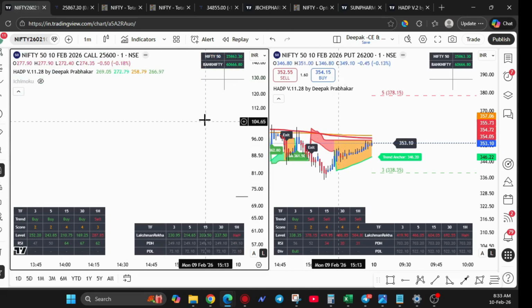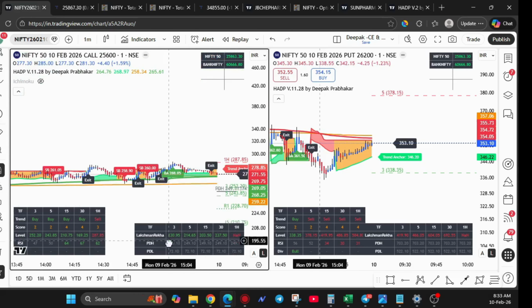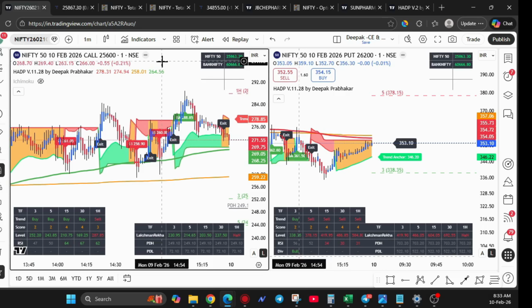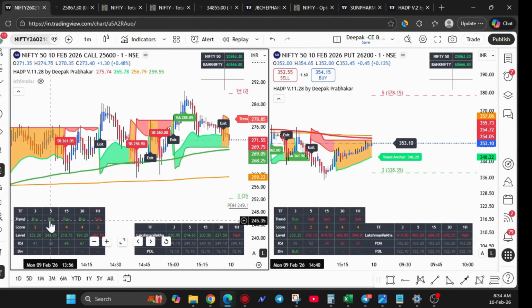Okay, now for example I am now on a 1 minute candle. For a 1 minute candle, 3 minute candle is a parent candle, right? Higher time frame. So that is in buy. For 3 minutes, 5 minutes is a parent candle. For 5 minutes, 15 minutes is a parent candle. For 15 minutes, 30 minutes is a parent candle, and for 30 minutes, 1 hour is a parent candle.